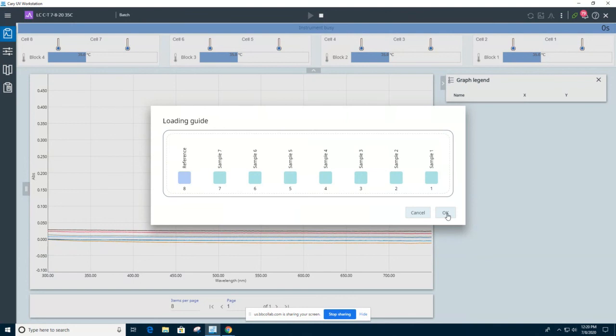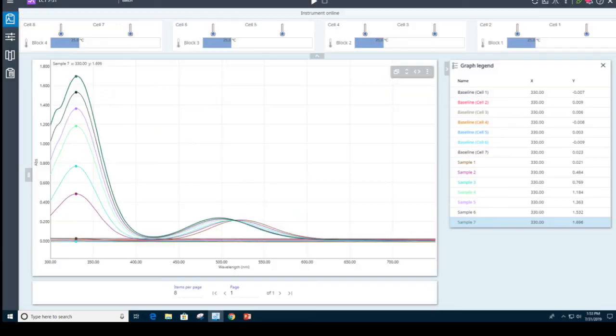And then I will get my data at 25 degrees C. And this is what the spectra look like at 25 degrees C. Again, solution 1 is on the bottom and solution 7 is on the top. The only difference is this is at the lower temperature. This is what the spectra look like when they come off the instrument.